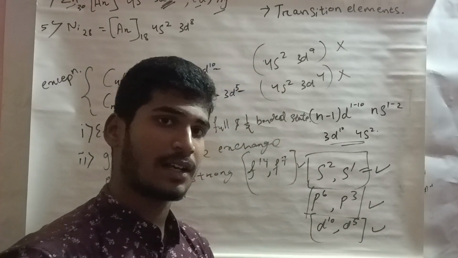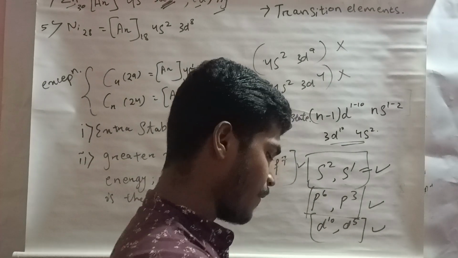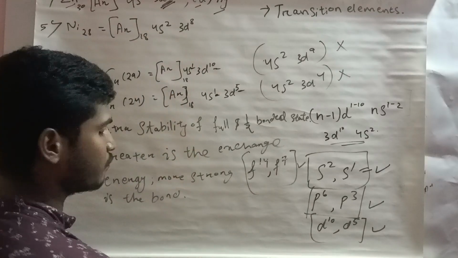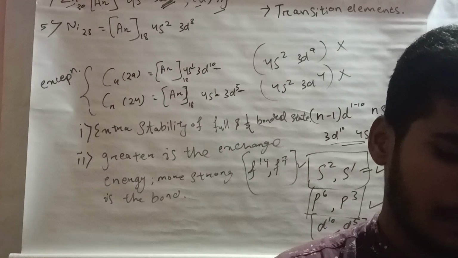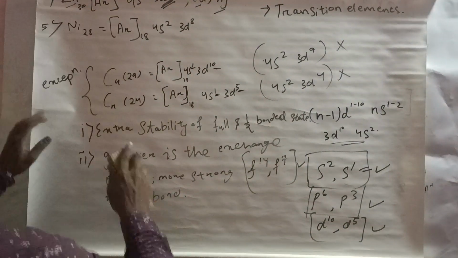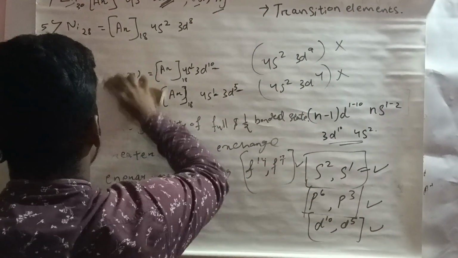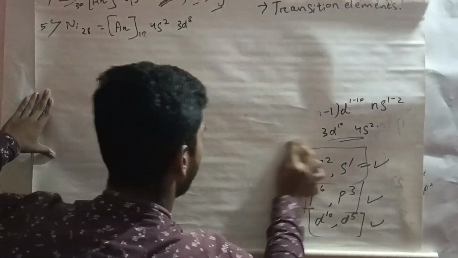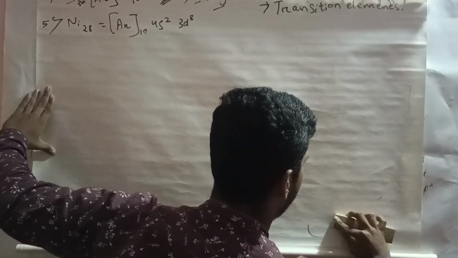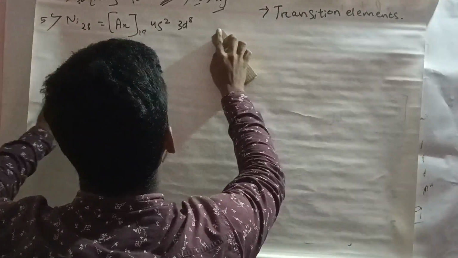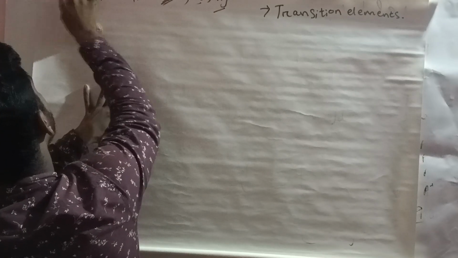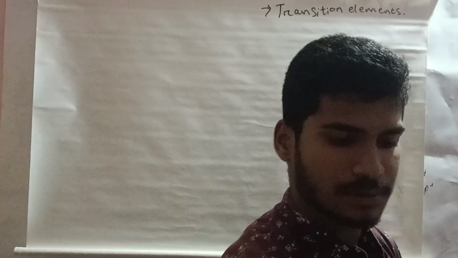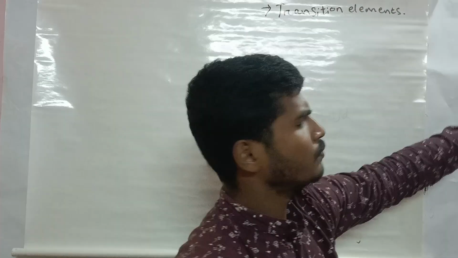Let's say the d block is present in between the s and p block.